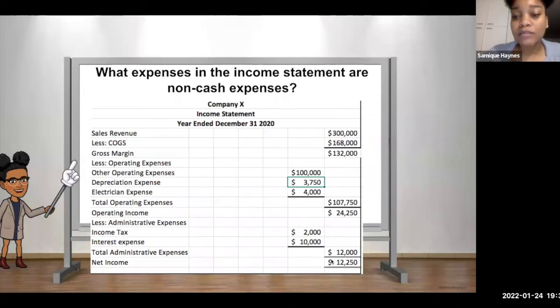I'm going to start making my cash flow statement, and the first number I'm going to have there is my net income. That's going to be the first number I write on my cash flow statement. Net income, $12,250. So that's the only number we have, net income.